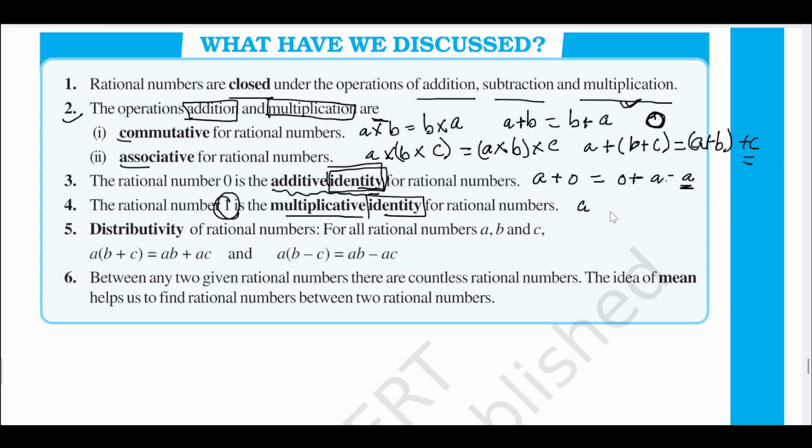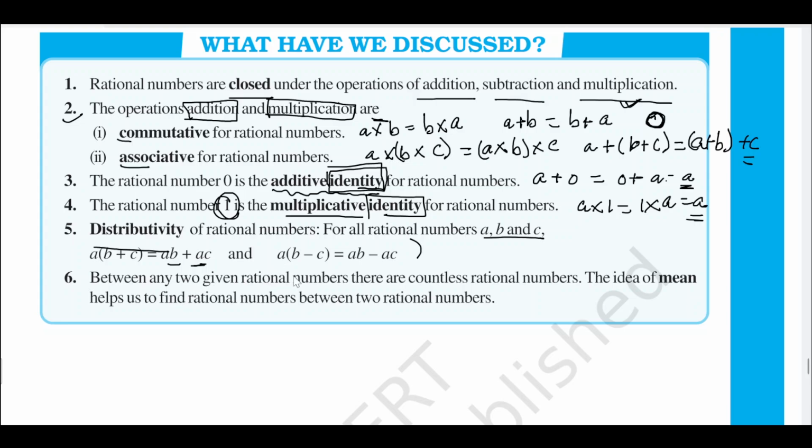A into 1 is 1 into A, that is A. Distributivity: for all rational numbers A, B and C, A into bracket B plus C is equal to A into B plus A into C. So rational numbers follow the distributivity property of multiplication over addition and subtraction. This we have also seen.